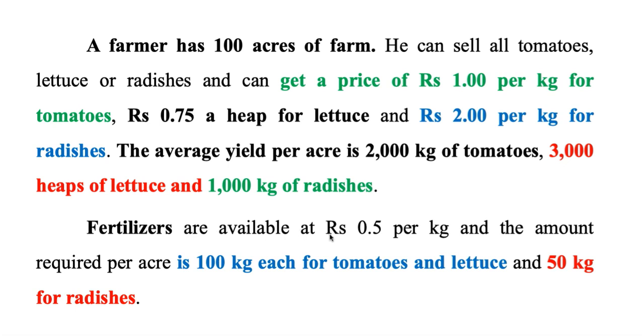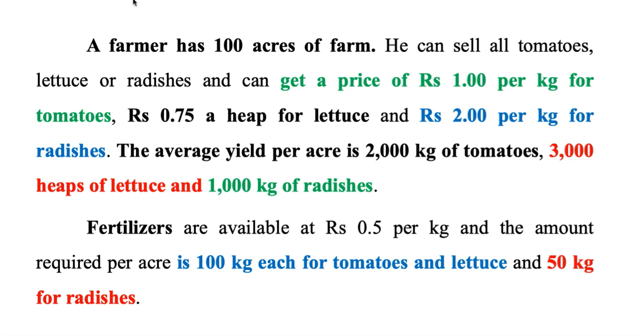Fertilizers are available at rupees 0.5 per kg, and the amount required per acre is 100 kg for tomatoes and lettuce, and 50 kg is required for radish. This is the expenditure he is going to incur on fertilizer.